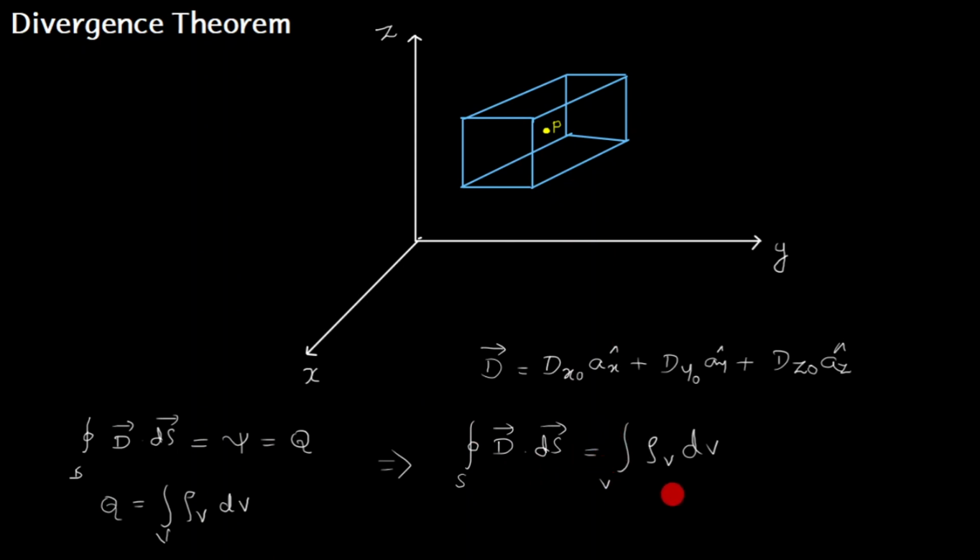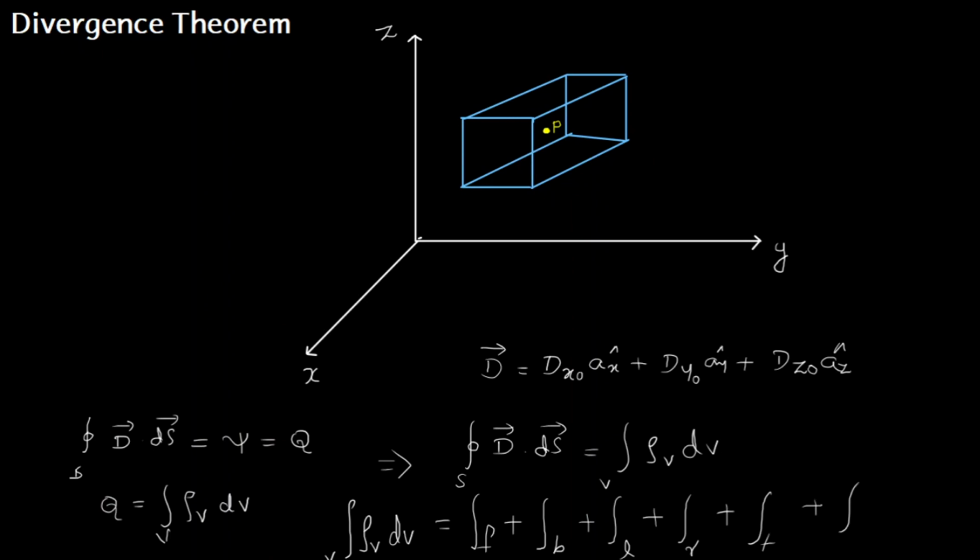So my volume integral rho v dv is nothing but Q, which will be equal to the evaluation of D dot dS over the front surface, the back surface, the left surface, right surface, top surface and bottom surface.